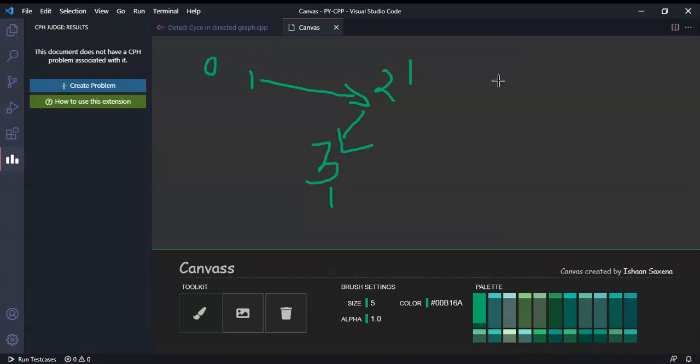So according to topological sort, we first put all these values in an array, named the in degree array.